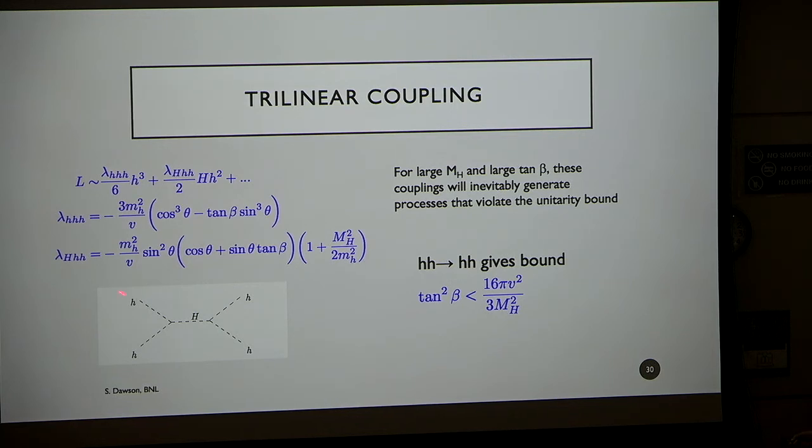And in particular, if you calculate all the contributions to HH goes to HH, there are more diagrams in this, by the way, you get a limit on this tan beta, and you get a limit on MH. So tan squared beta times MH squared can't be too big in this model. So if you try to take your heavier singlet Higgs very, very heavy, then you're going to have to take this ratio of EVs to be very, very small to conserve unitarity.